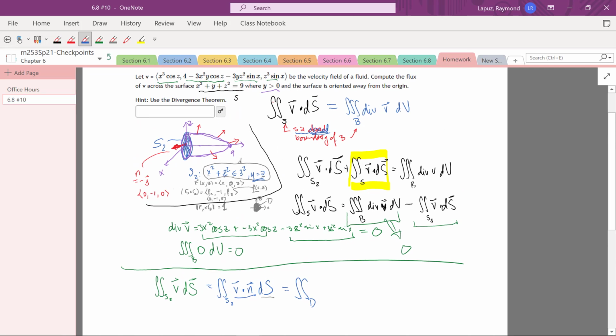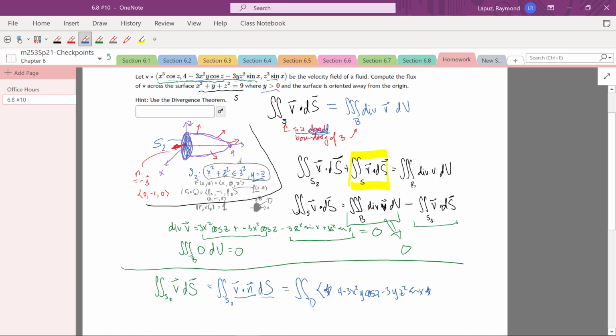The V is this big mess, but we're only going to be concerned about the middle term, which is going to be 4 minus 3x squared y cosine z minus 3y z squared sine x.